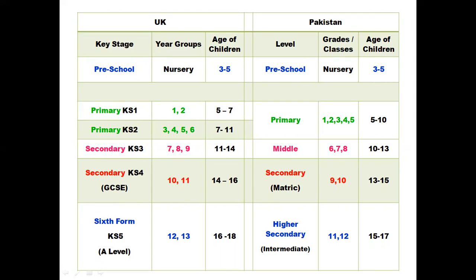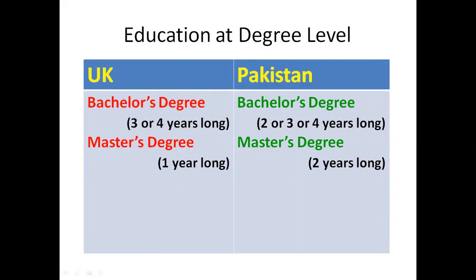Key stage 5 or A levels at sixth form has year groups 12 and 13, while in Pakistan, higher secondary schools at intermediate level have classes or grades 11 and 12. We can see that so far, students in the UK have spent 1 year extra as compared to their counterparts in Pakistan.